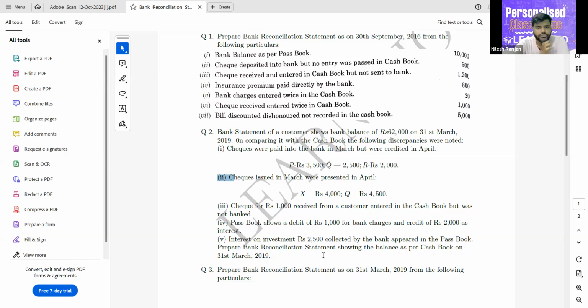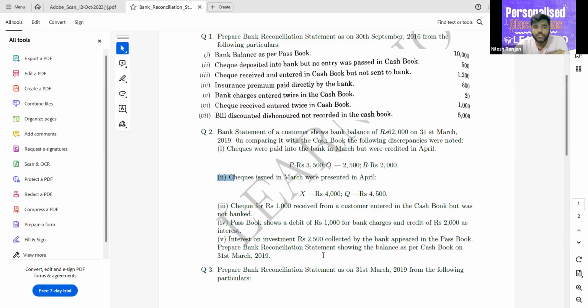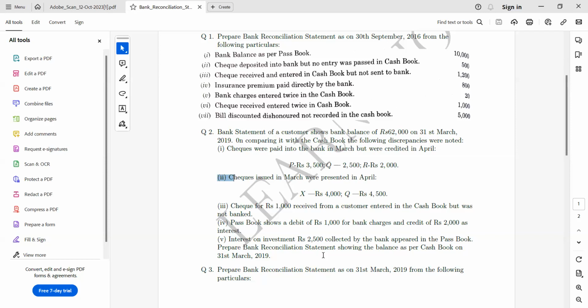Please read the third one. A check of rupees 1,000 received from a customer entered in the cash book, but was not banked. The check was not sent to the bank, so we will add it on the bank side, sir, to make it good.